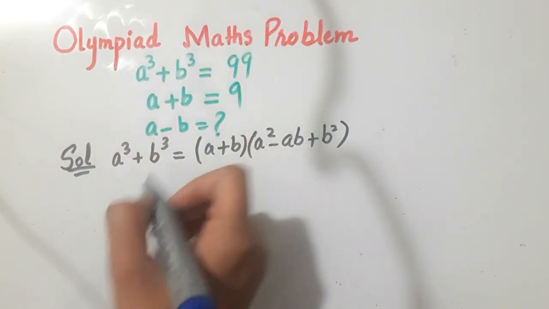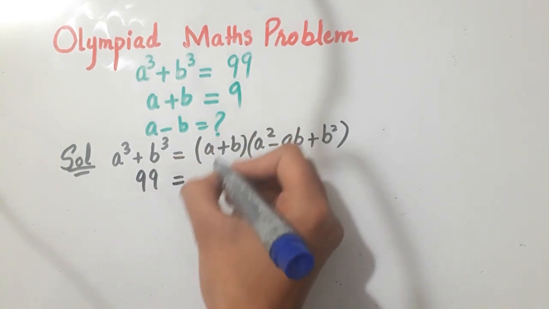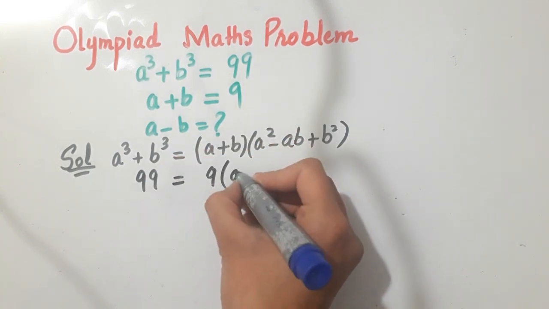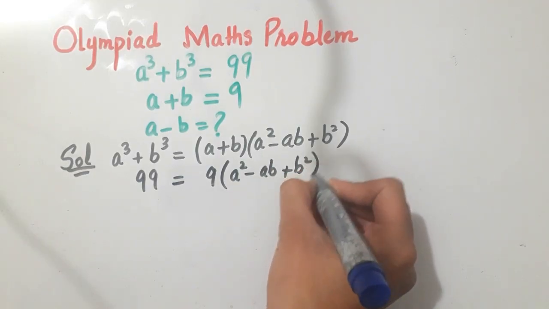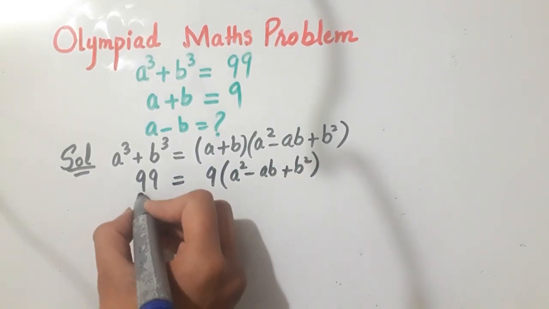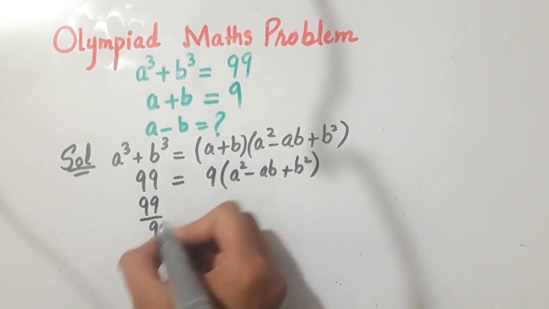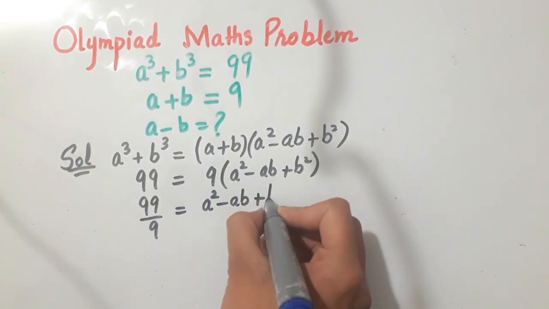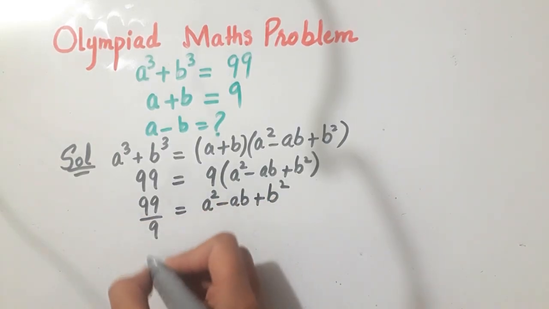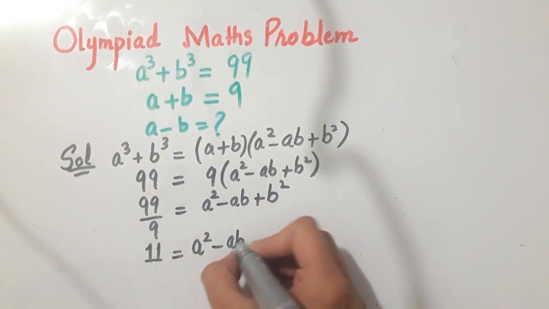A cube plus b cube equals 99 and a plus b equals 9, into a square minus ab plus b square. Now 9 is multiplied here, it will be divided to this side. So 99 by 9 equals a square minus ab plus b square. When 99 is divided by 9, we get 11, that equals a square minus ab plus b square.